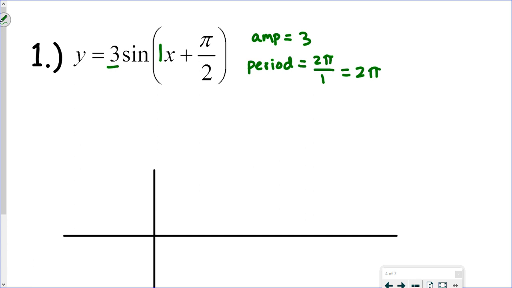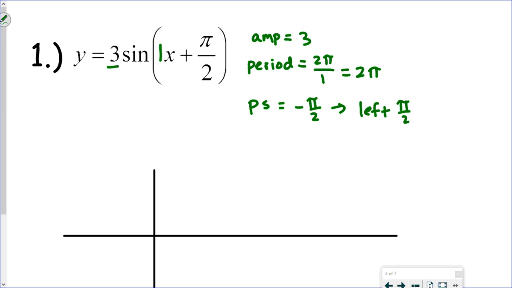And then inside, that means there's a phase shift. So phase shift, we have plus pi over 2, so that means it's negative pi over 2. So we're going to go left pi over 2. Okay, so I'm going to graph the original without the phase shift.